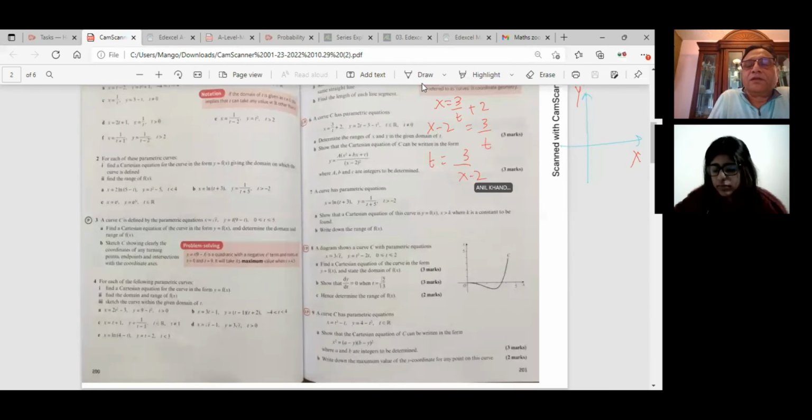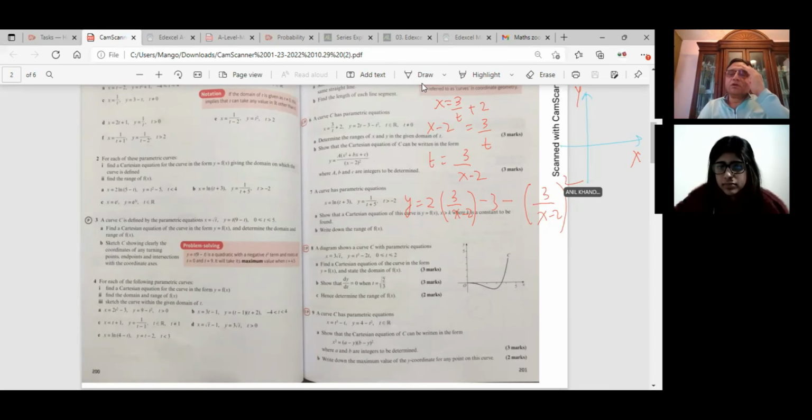Substitute this in y. So y is equal to 2t, which is 3 over x minus 2, correct? Minus 3 minus t squared, which is 3 over x minus 2 whole squared. Is it okay? So now we have to expand.